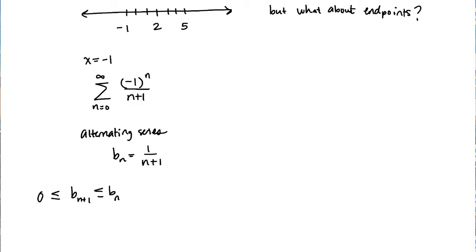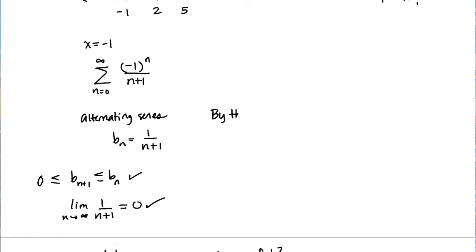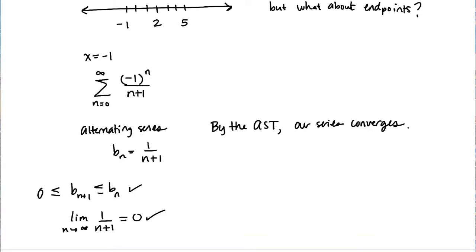So we're satisfying the criteria for the alternating series test because as n goes to infinity, I have 0. So my criteria are satisfied for the alternating series test. By the AST, the series converges. Okay, so by the alternating series test, our series converges. So -1 is included.